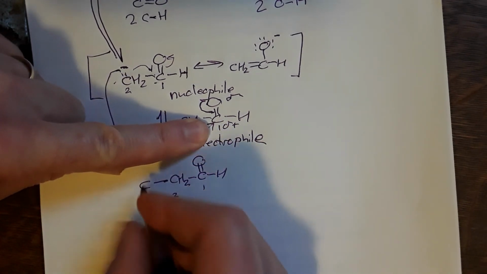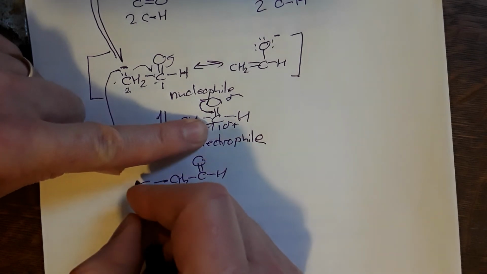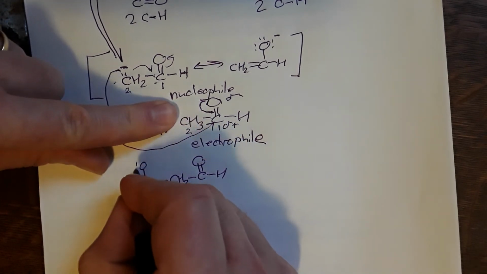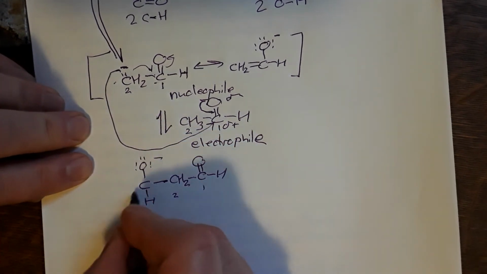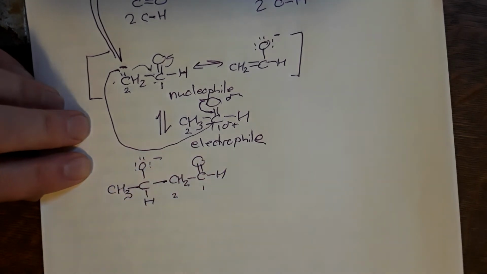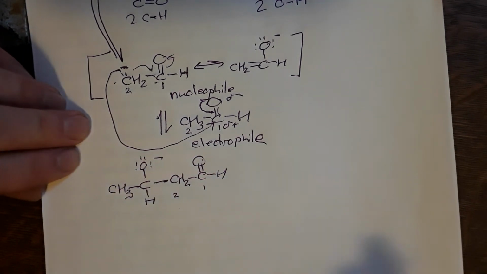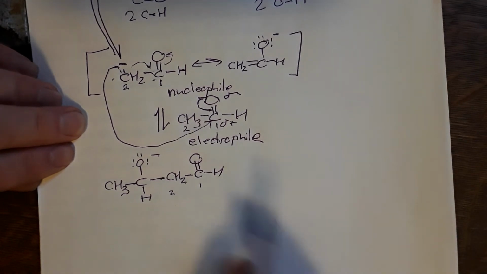On carbon number 1 we have the hydrogen that's still there, a single bond to oxygen, and the methyl group still hanging off there. So this is what would happen if the nucleophile attacked the electrophile.